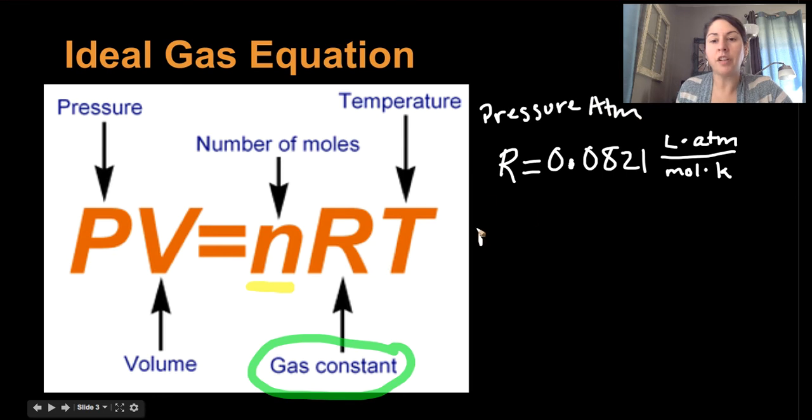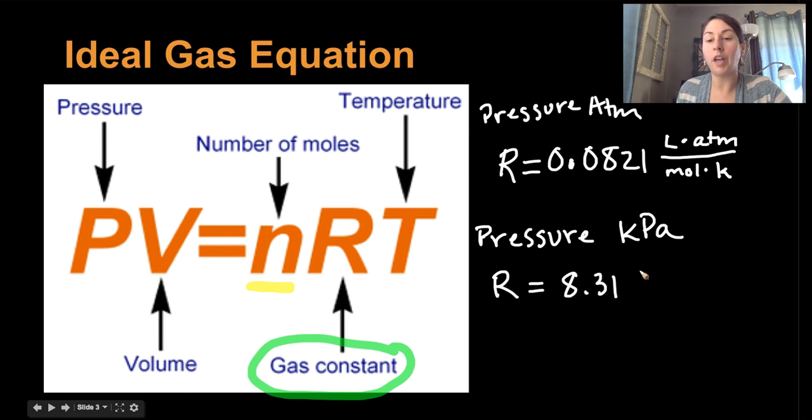Now, if pressure is in kilopascals, which oftentimes it may be as well, is in kPa, we are going to see that the R value is going to be 8.31 liters times kilopascals divided by moles times Kelvin.